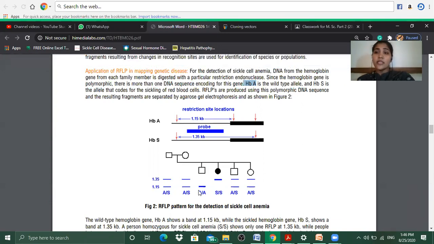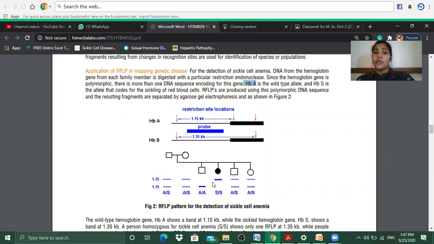But if the person is suffering from sickle cell anemia, you will get the fragment only of 1.35 kilobase pairs. And that is how you can easily identify a person who is having sickle cell anemia, who is the carrier of sickle cell anemia, and a person who is not suffering from sickle cell anemia in a family.